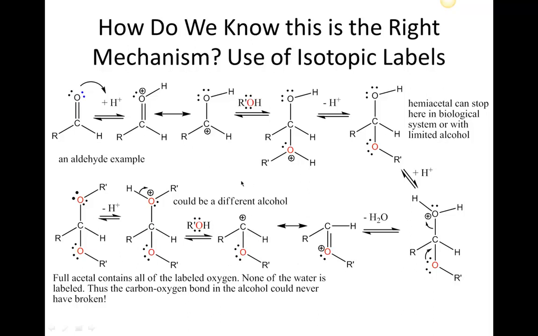So we know that we start out by protonating this, and another reason that this is a favorable pathway is because we have this resonance stabilized protonated species here. Because it's resonance stabilized, and because we have this oxygen labeled study, we know that this is right because we never broke this bond.